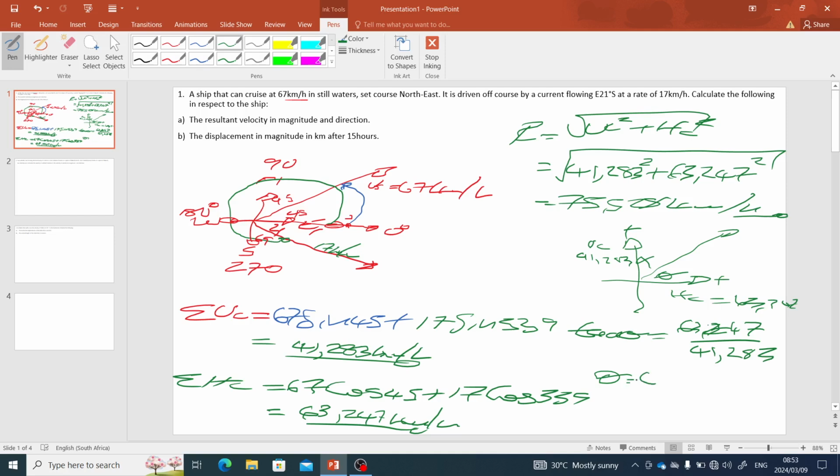Then theta would be the inverse of tan of 63,247 divided by 41,283. Then we get our answer as the inverse of tan of 63,247 divided by 41,283 equals 2. Right.